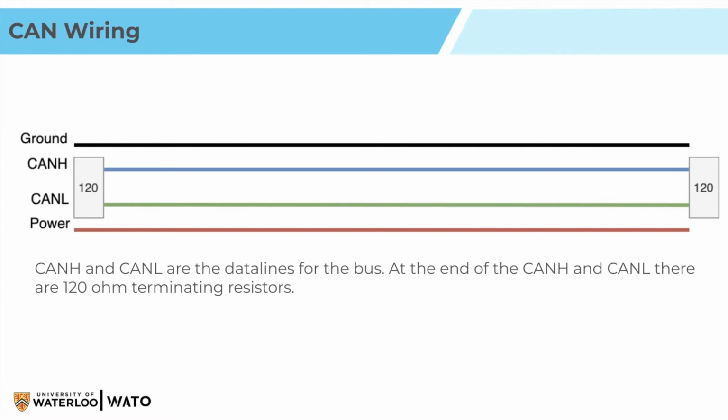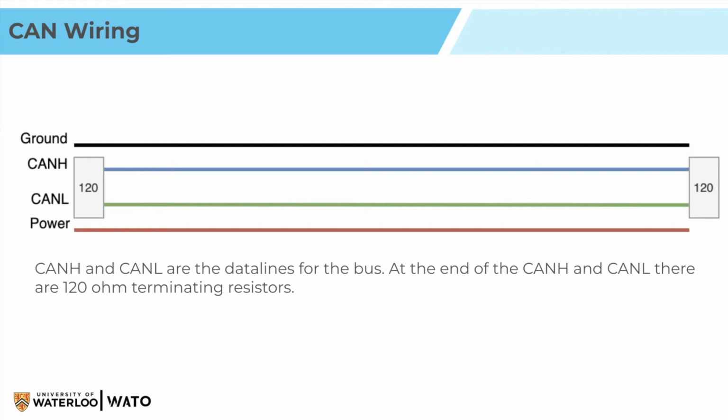120 ohms is just the standard that has been determined by a lot of companies and organizations, but you may see some fluctuations with the actual terminating resistor value. But the main question is, why do we have these terminating resistors? The first reason is just to reduce the amount of oscillations that's happening on those wires. Near the end of those wires, there's going to be a lot of oscillations.